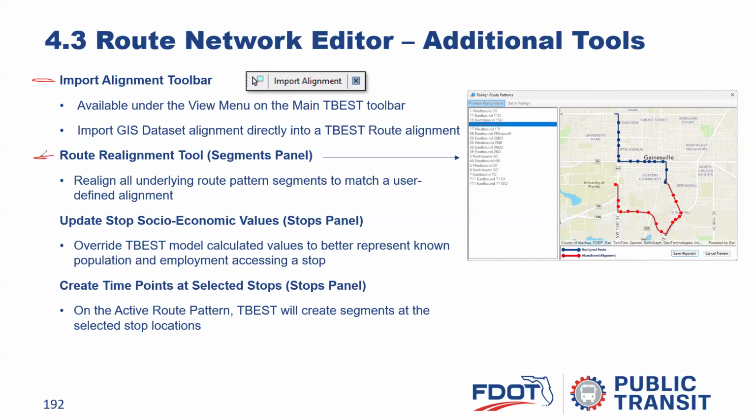The other is this route realignment tool. What this does is, let's say you have a realignment of a segment, and you have multiple routes traversing that same segment. You have, let's say, 10, 15, 20 different patterns that you want this same realignment to merge into.